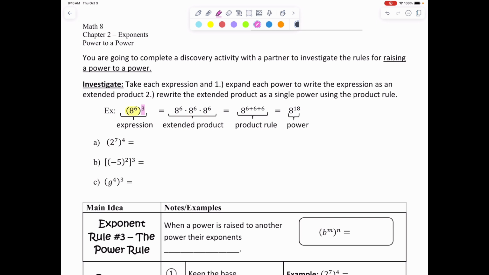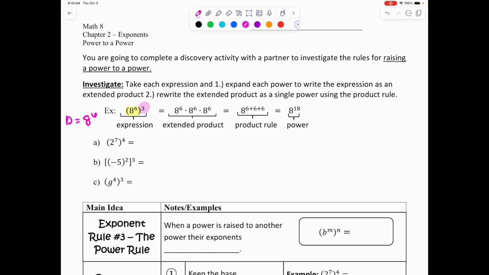For the first time, our base isn't just one single number. The base is whatever's inside the parentheses. So our base in this situation is actually 8 to the 6th. The 8 and the 6 are going to count as our base.